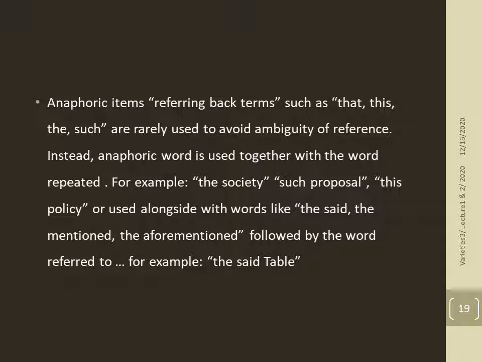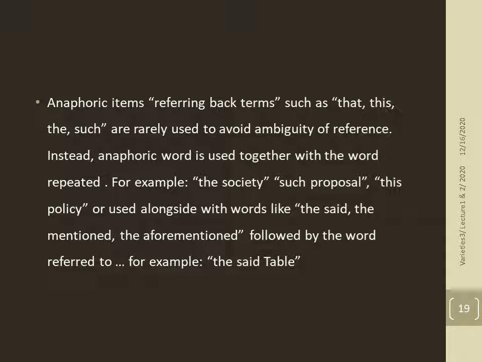Anaphoric items, that is to say, referring back terms such as that, this, the, such, are rarely used alone to avoid ambiguity of reference. Instead, an anaphoric word is used together with the word repeated. For example, the society, such proposal, this policy, or used alongside words like the said, the mentioned, the aforementioned, the above, okay, followed by the word referred to or by the word repeated.